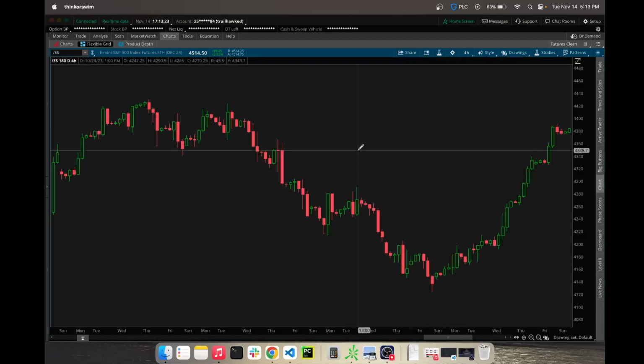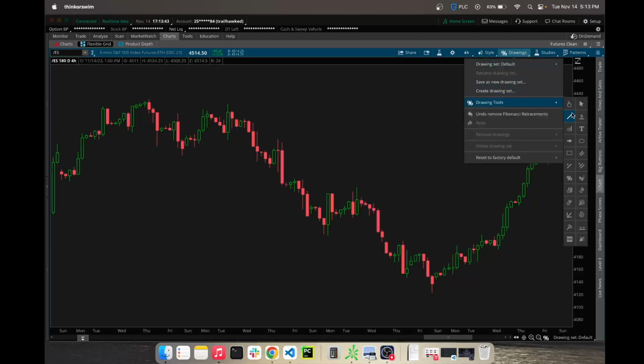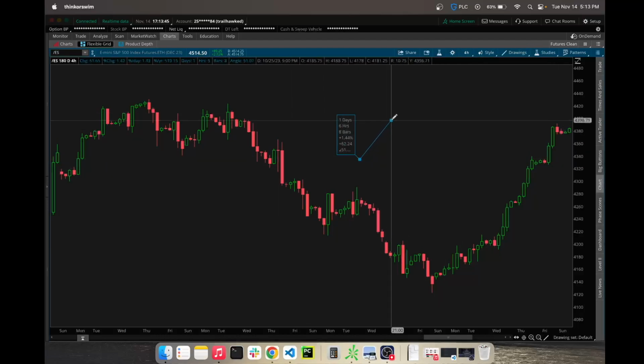And what I mean by that is they're trend tools. So more than anything, you need movement in order for Fibonacci to be successful. You don't need a lot of movement because you can do this on any time frame, but you do need movement.